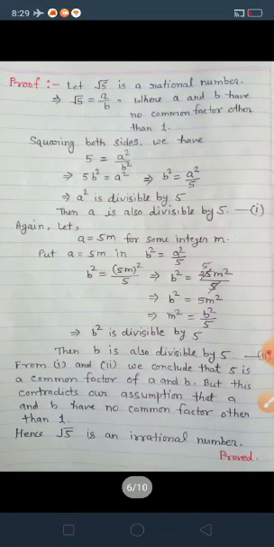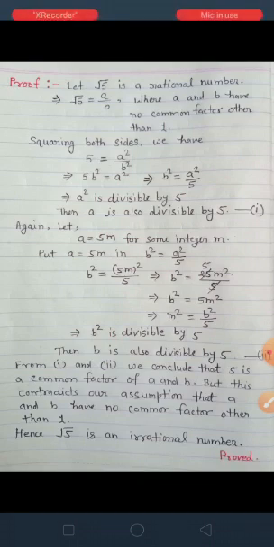Students, for the proof of this question, we have to prove root 5 is irrational. Here we use a method that is known as the method of contradiction.